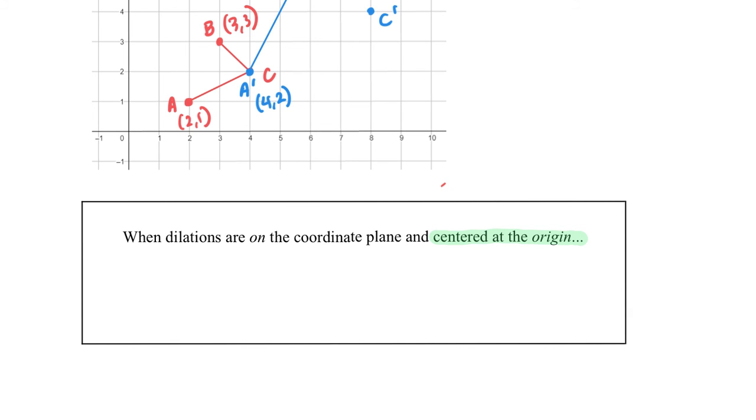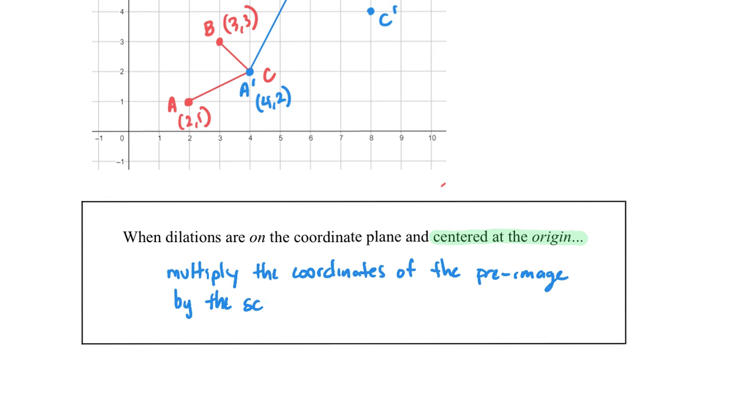But if it is, all you need to do is multiply the coordinates of the pre-image by the scale factor to get the coordinates of the image. Simple as that.